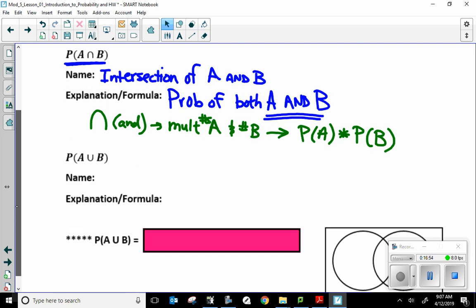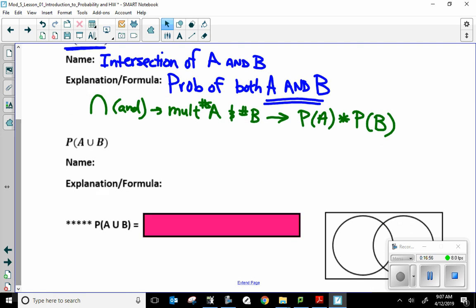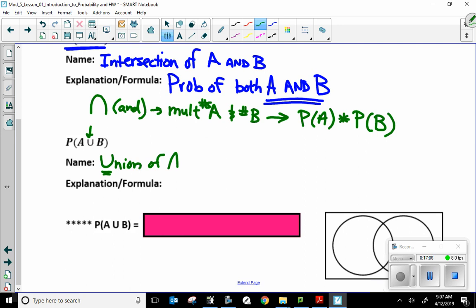Well, this next one, this is a right side up U. Okay? This is the union. And, you know, that's how I always remember, the U is the union of A and B. Okay? Now, the explanation is this is the probability of A, but here it has both A and B for intersection.